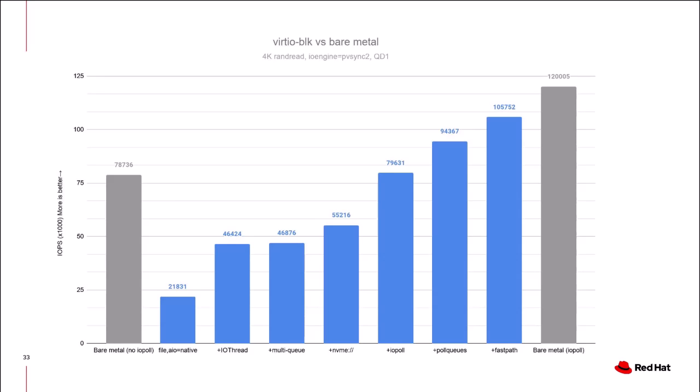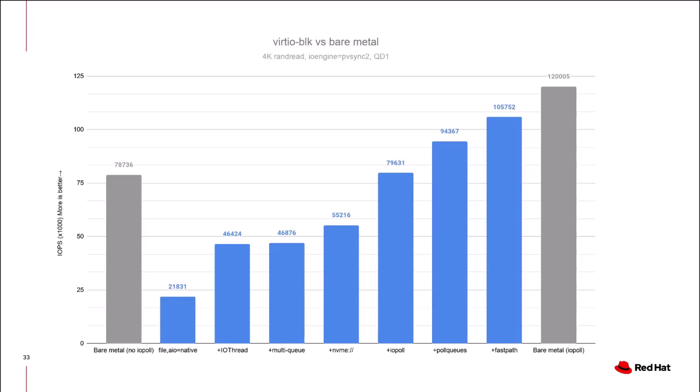So we keep multi-queue. Next up, we introduce the Userspace NVMe driver in QEMU, and that boosts performance. We jump almost 10K, from 46K to 55K. That's a nice boost, getting us closer to bare metal. Now what happens when we try the VirtIO block guest driver's iopoll prototype?